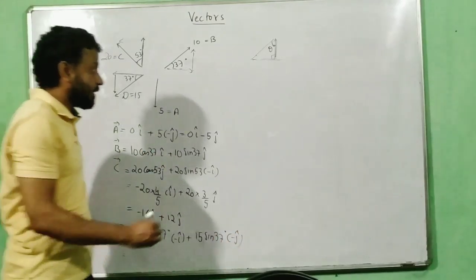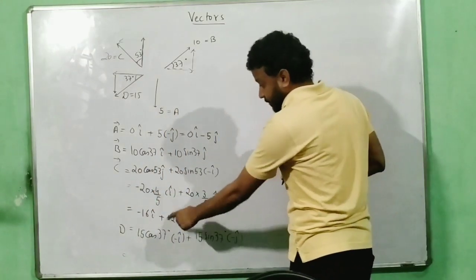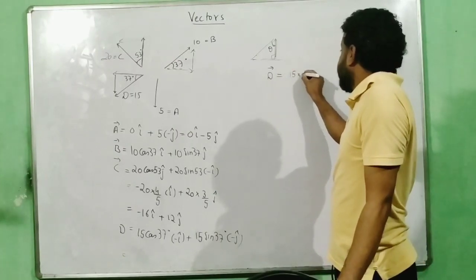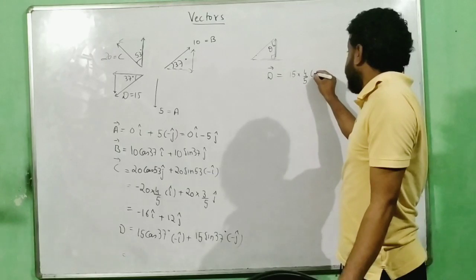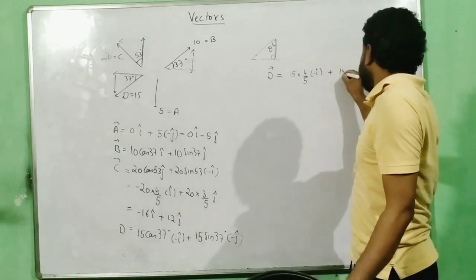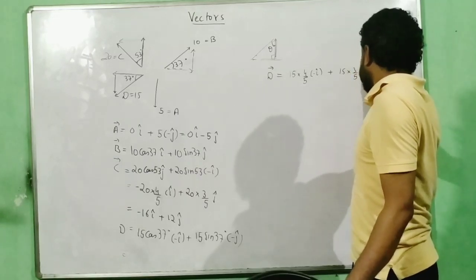And now let's simplify D also. So D will be equal to 15 cos 37. What is cos 37? Cos 37 is 4 by 5, minus I cap, plus 15 sin 37. Sin 37 is 3 by 5, minus j cap.